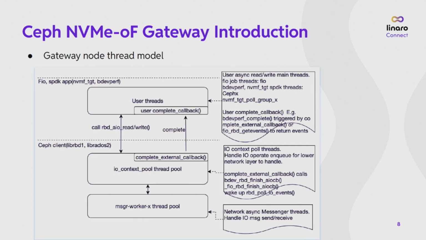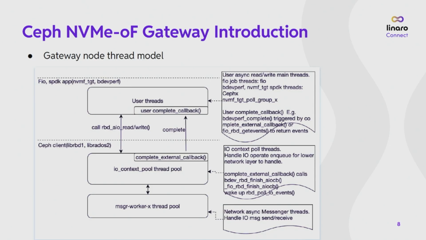Let's go into more detail on the gateway node thread model. There is an SPDK application thread, such as the NVMe-oF Gateway target and poll group threads, and this application thread sends the I/O.